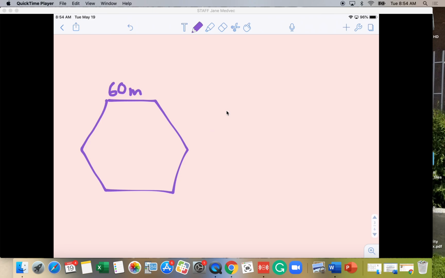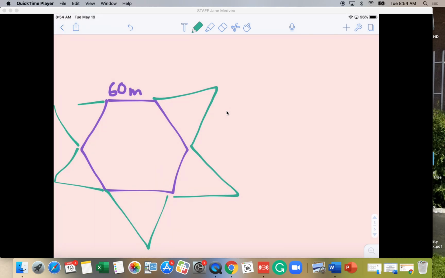And it's a regular hexagon, so that would be true of all the sides. And then off each one of those is a triangle that eventually forms the pyramid.